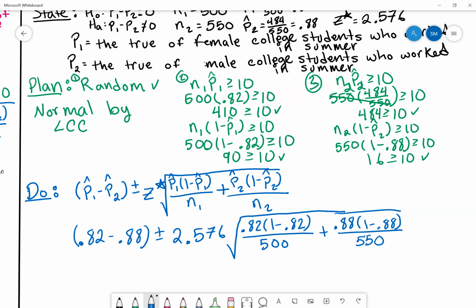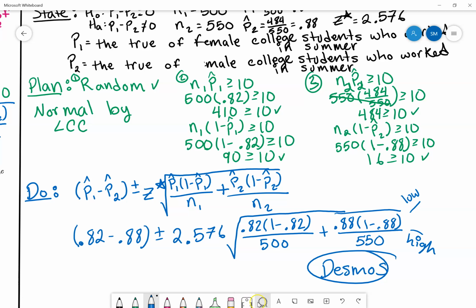Okay, and then we're going to put this in our calculator. Remember to use Desmos. We're going to have low, high, and we're going to use Desmos. Okay, so let's go ahead and pull up Desmos.